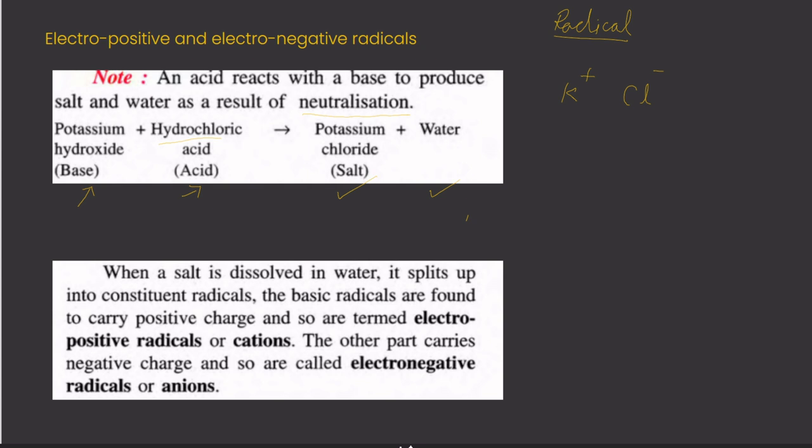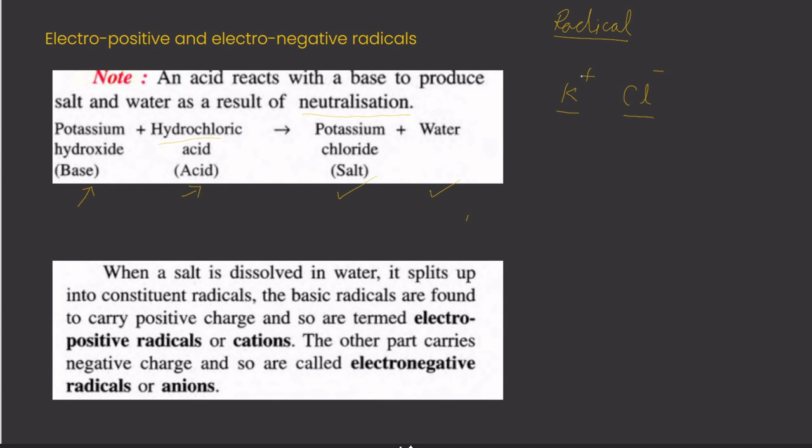We know that potassium is obtained from potassium hydroxide, the base, and chlorine is obtained from the acidic part, hydrochloric acid, isn't it? Potassium has a plus charge above it, and chlorine has a negative charge above it. So these radicals K plus and Cl minus have their names.